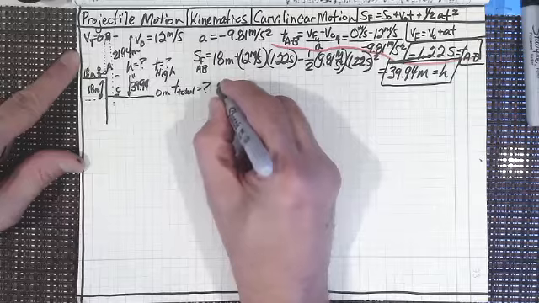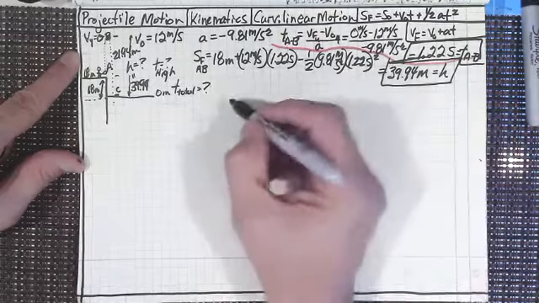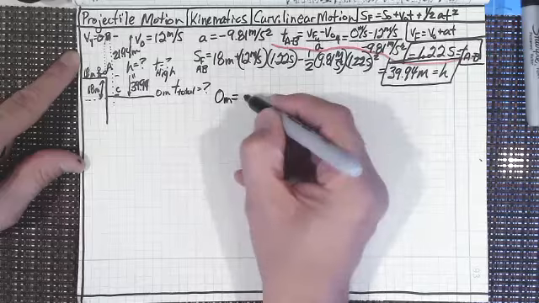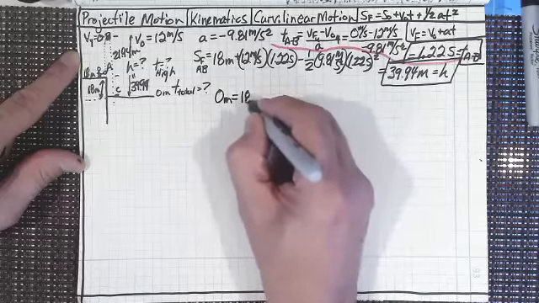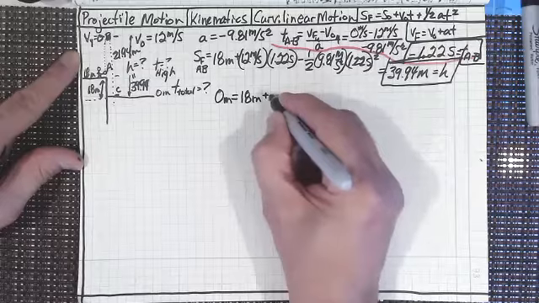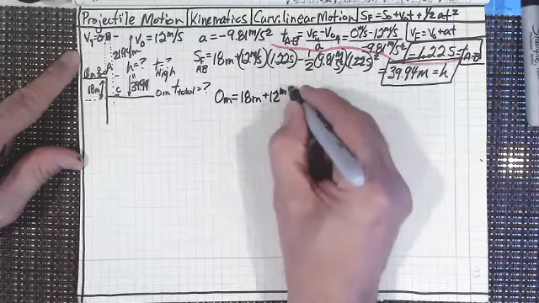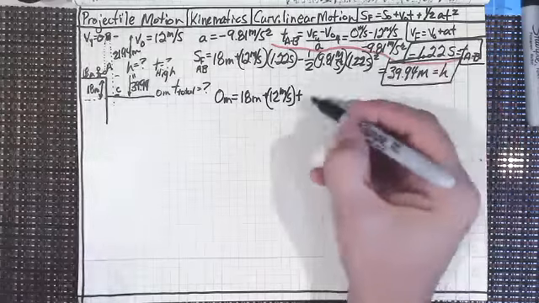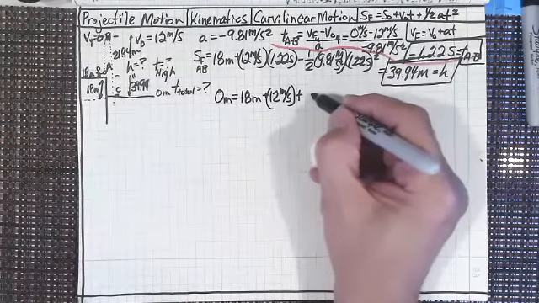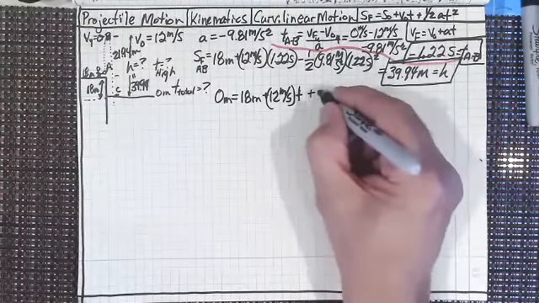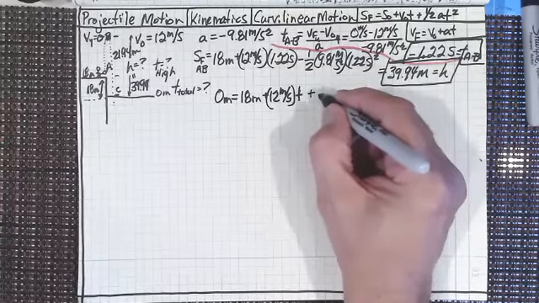Well, we know that the final distance above the ground is going to be 0 meters, right? We know the original distance above the ground is 18 meters. We know that the velocity up is 12 meters per second, and we want to find out how long that's going to take. We also know, right, that's a t, by the way. We also know that it's 1/2 a t squared.